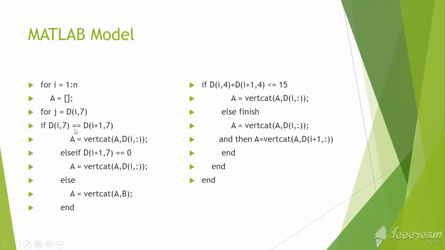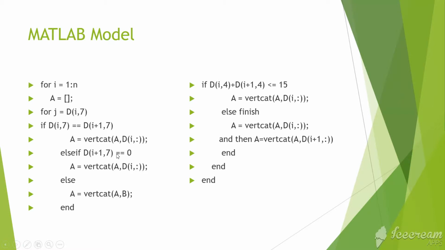The first if statement is for the constraint of driver preference. My seventh column is all about the driver's preference. If the current customer's preference matches the next one, then we record the customer data and go on to the next one.